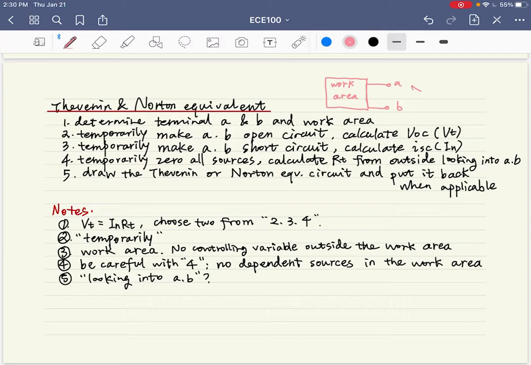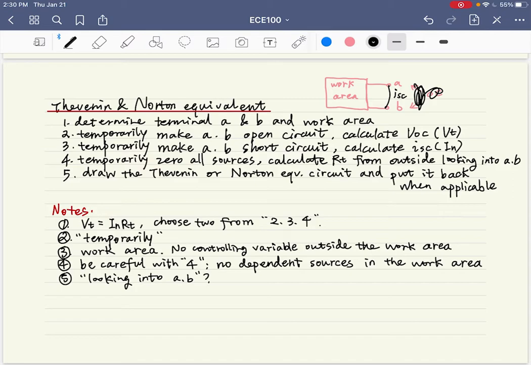You're going to simplify it into only a source and a resistance. The second step is to temporarily make A and B an open circuit, and then calculate the voltage between A and B, the open circuit voltage, which is basically VT, the Thevenin voltage.